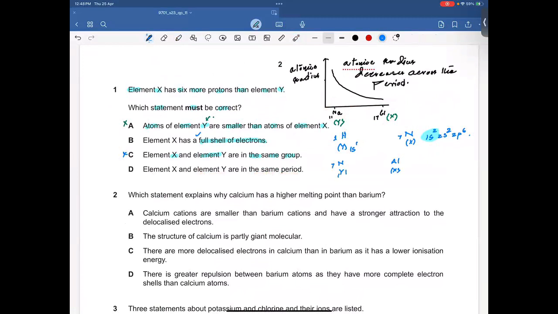If you add 6 protons, it's going to be 13, which is aluminum. So nitrogen belongs to period 2, whereas aluminum belongs to period 3. So this is not the correct statement. So this must be incorrect. So the right answer is going to be B.